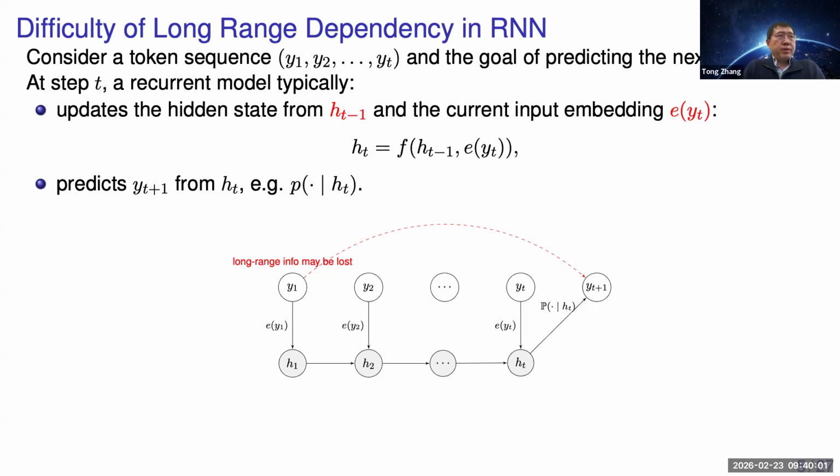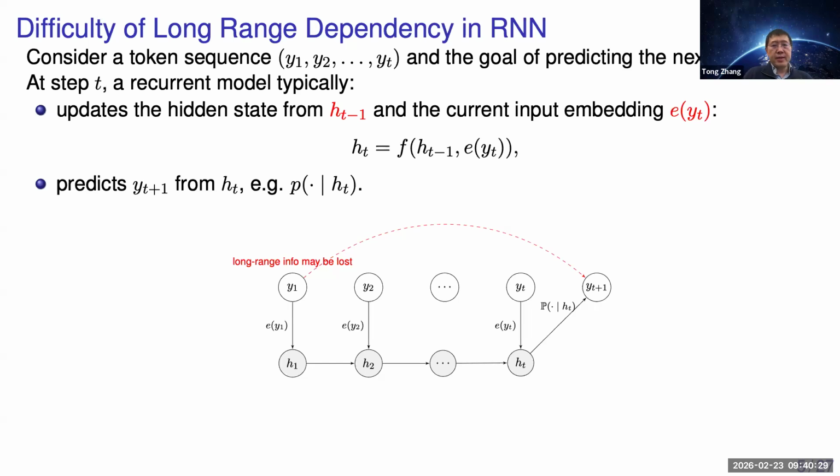Now, what attention is doing is giving you direct access to y_1 rather than depending on the compressed history h. It is somewhat like a memory retrieval system: you retrieve your memory from much earlier in your history instead of just looking at a summary.